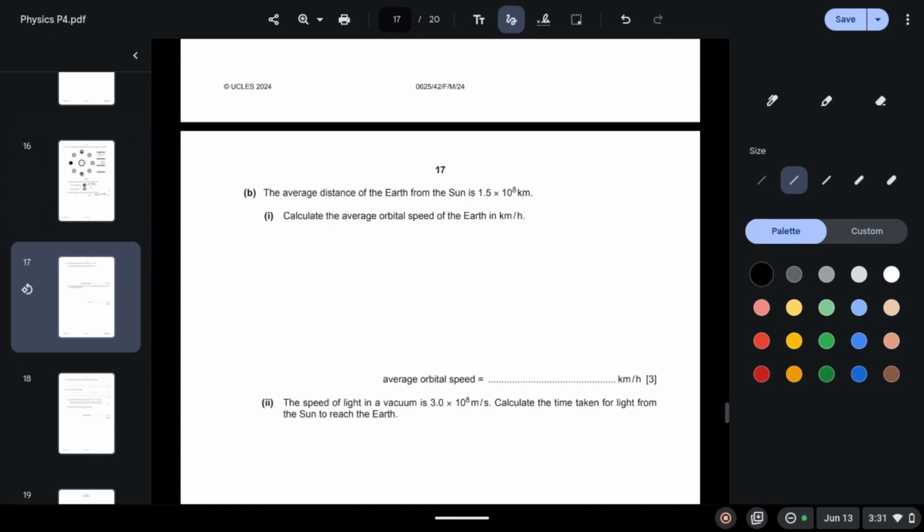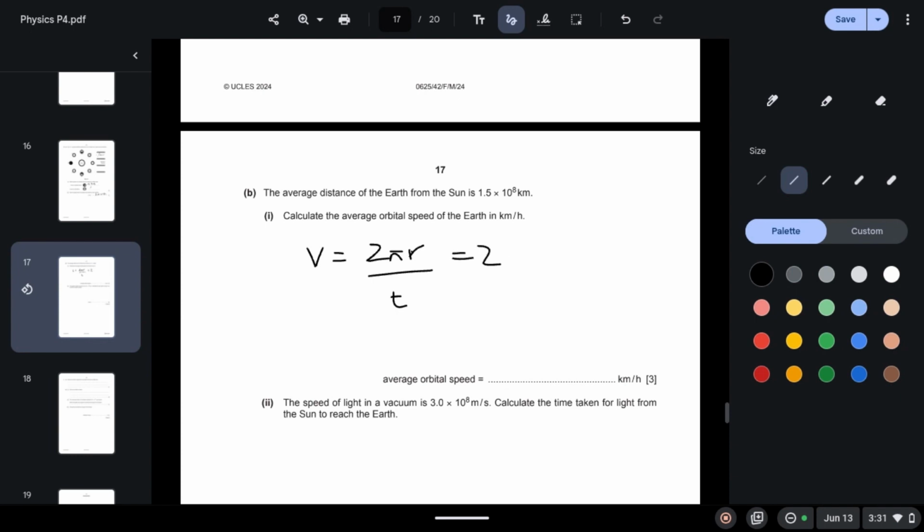The average distance of the earth from the sun is 1.5 into 10 to the power 8 kilometers. Calculate the average orbital speed. So the average orbital speed is given by 2 pi r over t, where r is the radius of the orbit and t is the time taken for that particular orbit.